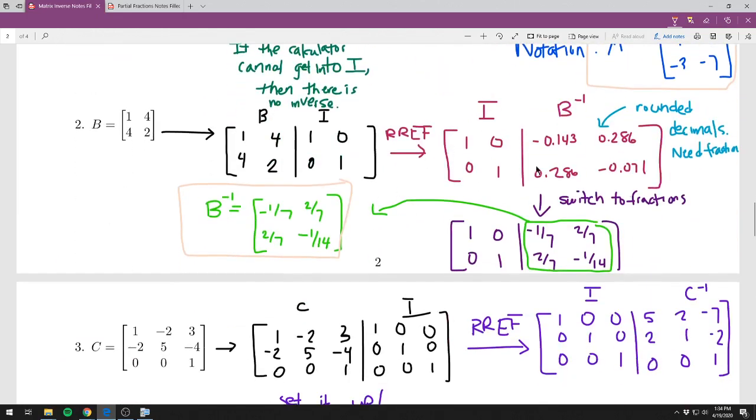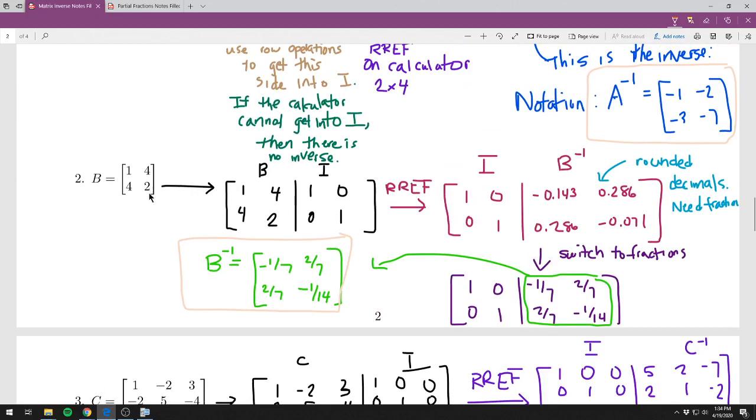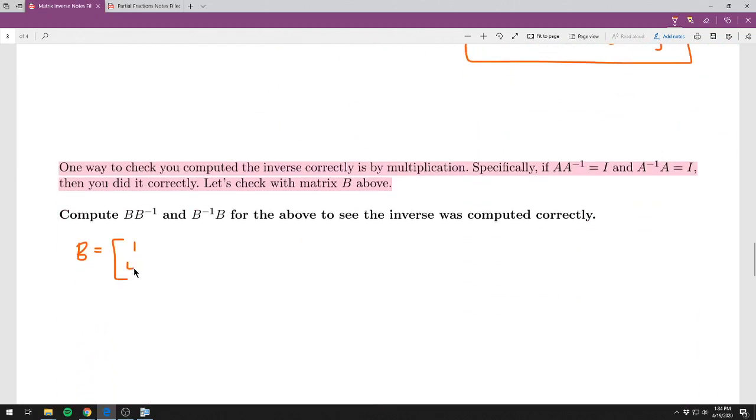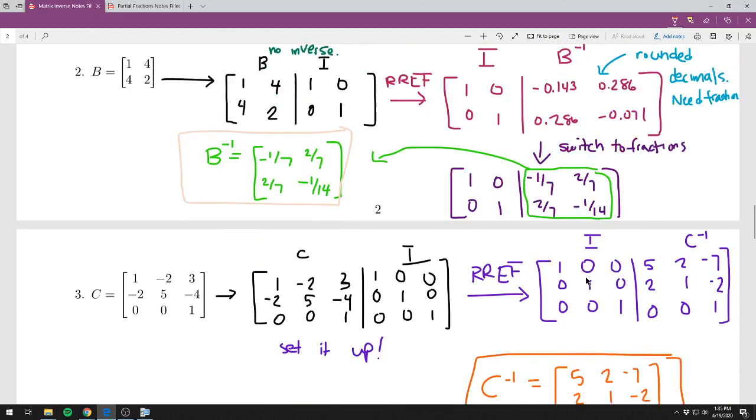All right, so we're going to do it with B and B inverse. We figured, this is the one with fractions. There's no reason to be afraid of fractions. So I'm going to first just write down what B and B inverse were. B was the matrix 1, 4, 4, 2. B inverse is the matrix negative 1/7, 2/7, 2/7, and negative 1/14.